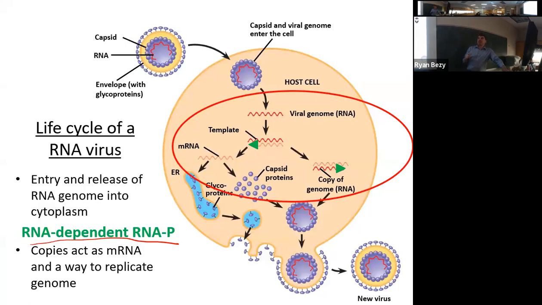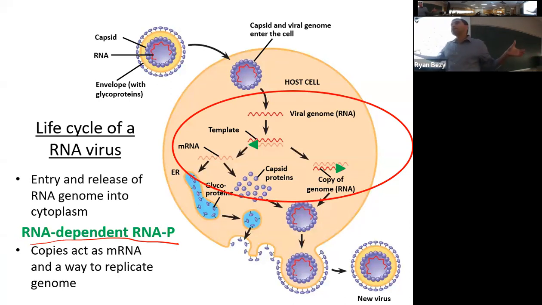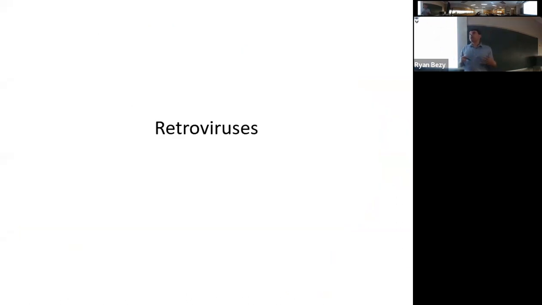Okay. That being said, there are what are just called RNA viruses, and then a different grouping of viruses that also use RNA as a genome. What we refer to as an RNA virus is just that. But there are other types of viruses that fall into what is called a retrovirus category.